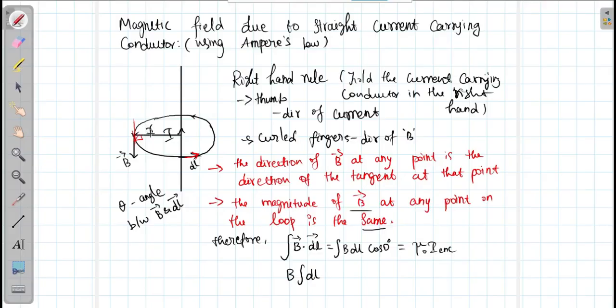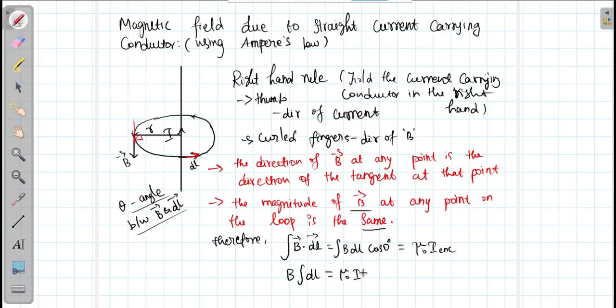Don't confuse it with the r vector. dl again is the tangent, B is also tangent. Both are pointing in the same direction. Therefore, cos theta becomes 1, and we take the B outside and mu naught I enclosed.